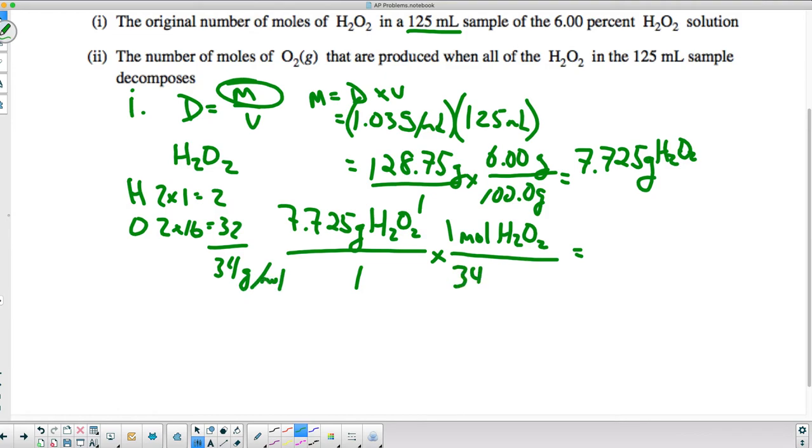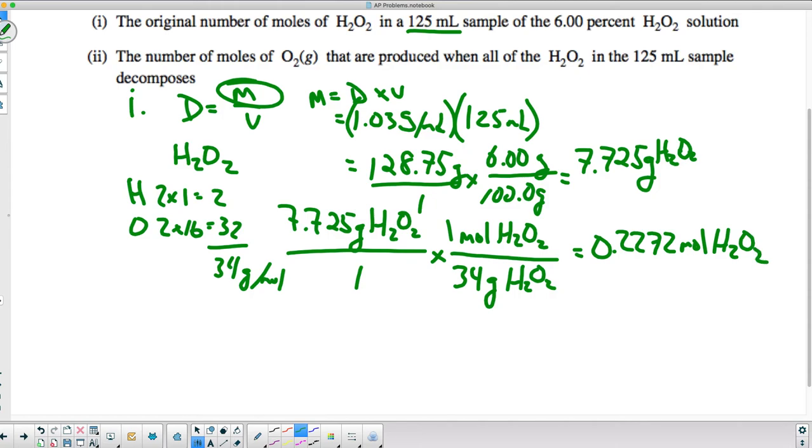So 34 grams of H2O2. So 7.725 divided by 34 is going to give me the number of moles, which is 0.2272. That's moles of H2O2.